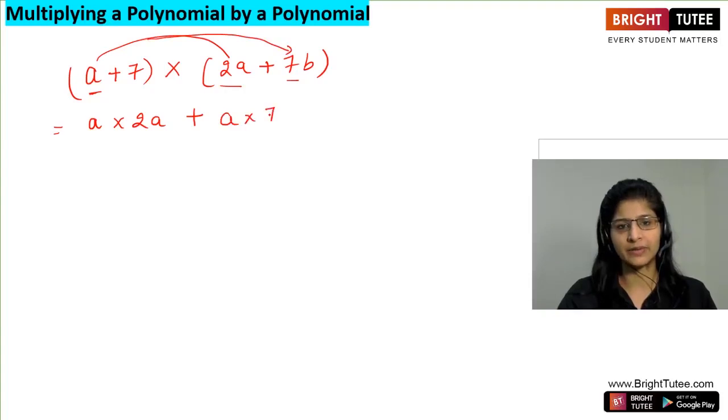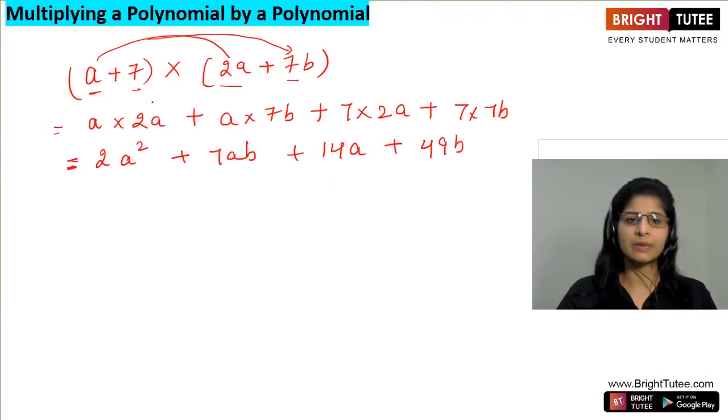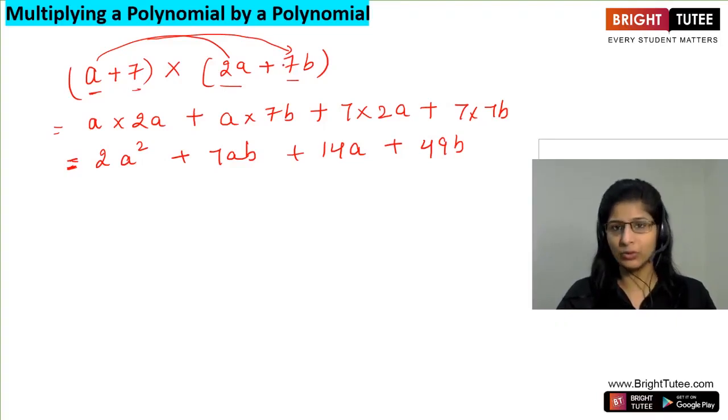Similarly, 7 will be multiplied with 2a and 7 will also be multiplied with 7b. Now, a into 2a is 2a square, plus 7ab, plus 7 twos are 14a, plus 7 sevens are 49b. So we are multiplying a polynomial having two terms, that means a binomial with a binomial.